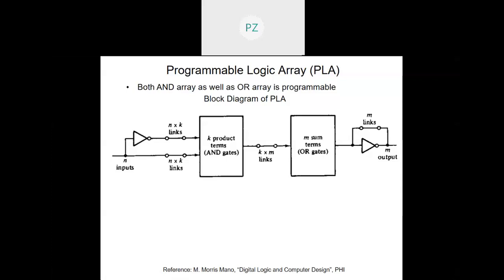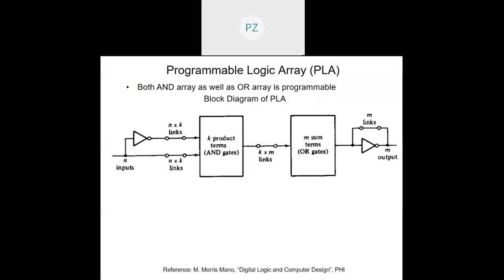But when you move on to programmable logic array, it will be the minimized function that we will realize, because we have a lesser number of product or AND gates, and correspondingly we can have a lesser number of OR gates. So it will more efficiently work on a minimized form of the function.